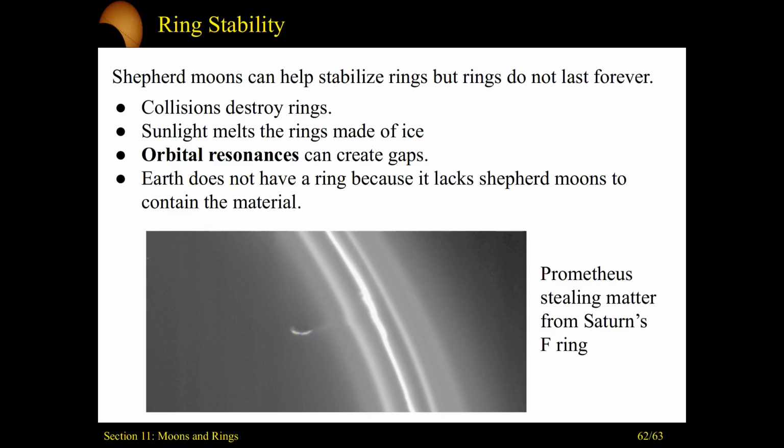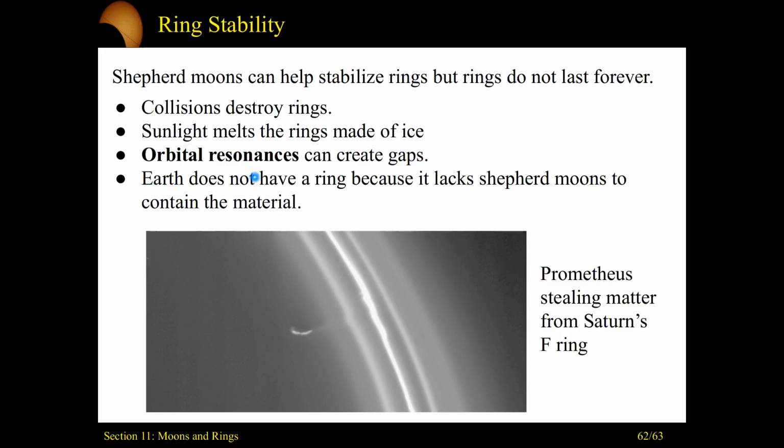Coming down to this image here, another great one. This was the shepherd moon Prometheus, and it's gravitationally stealing matter away from the ring. So while the gravitational presence of Prometheus can help stabilize the rings, it's simultaneously stealing matter away from the ring. So in conclusion, we see these rings out there.